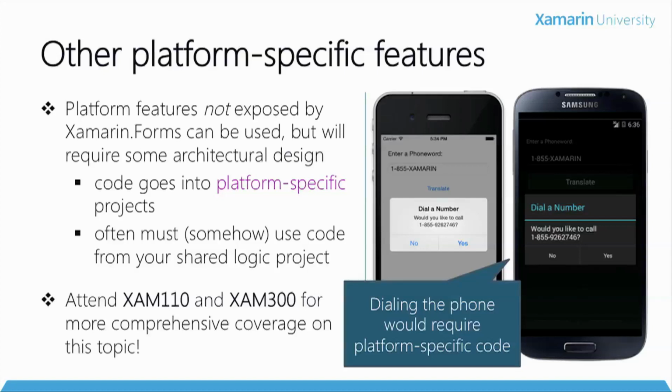So let's explore a bit what Xamarin.Forms has to offer here to support us. But please note that we can only cover the basics here. Cross-platform programming is such a big topic that we have two classes here at Xamarin University. We have the Introduction to Cross-Platform Development in Xamarin 110, and we have XAM 300 for more advanced cases. Be sure to attend those.